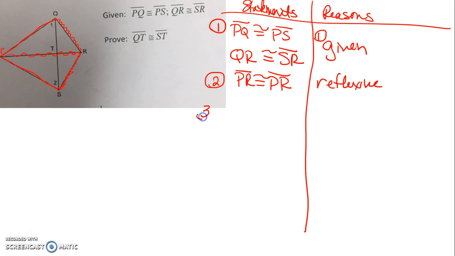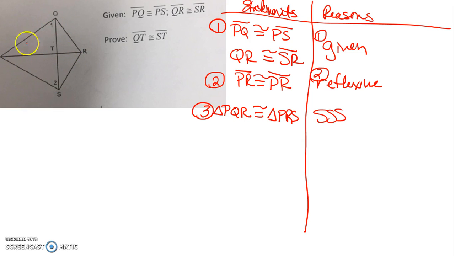And from that, I already know that triangle PQR is congruent to triangle PRS, and that's by side, side, side. The whole point to that is, now that I have these larger triangles congruent, I'm going to erase all my extra junk here.